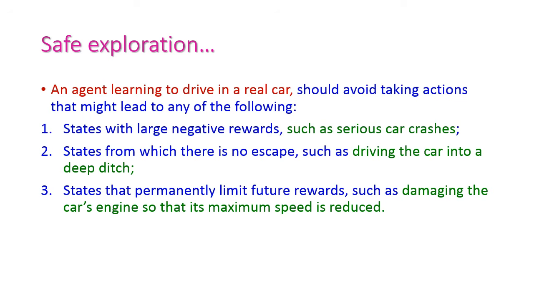The next one is an agent learning to drive a real car on a real road. Now the agent should avoid the following. The first one is states with large negative rewards, for example serious car crashes. Okay, we should avoid this.